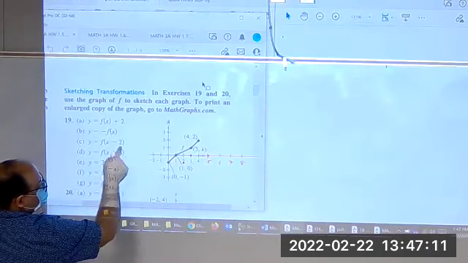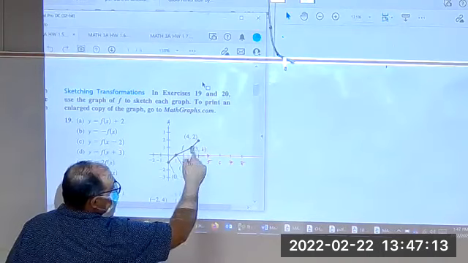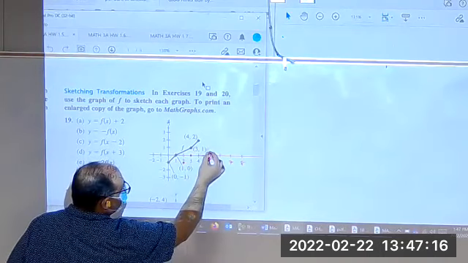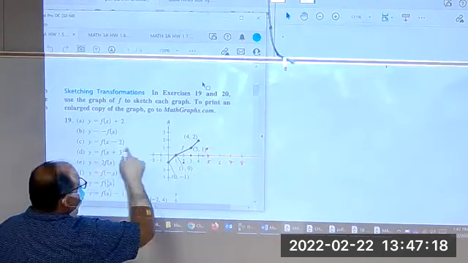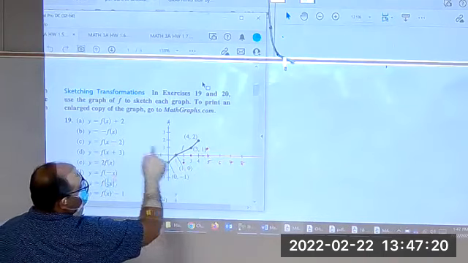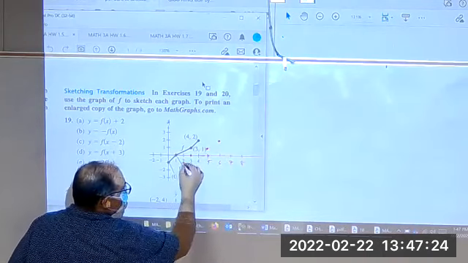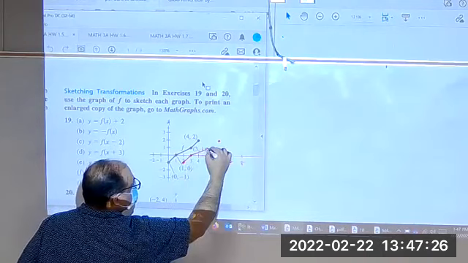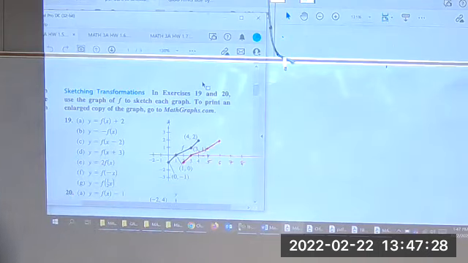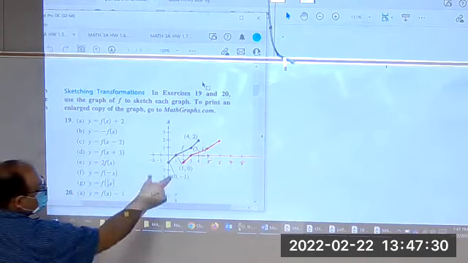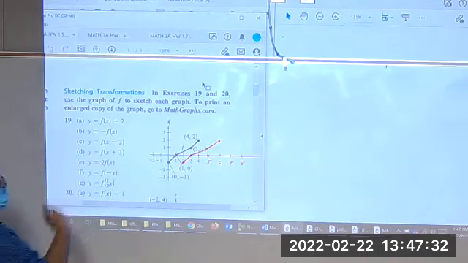When I plug in 5, it's the same as 3. I get 1. And when I plug in 6, 6 minus 2 is 4. I'm going to get the same value as what 4 is. That I can do. But I can't plug these numbers in because it gives me things I can't use. But everything else got shifted over.